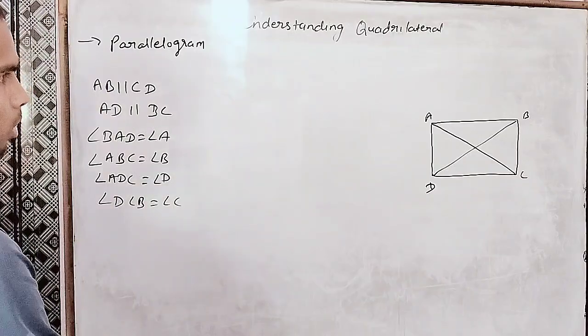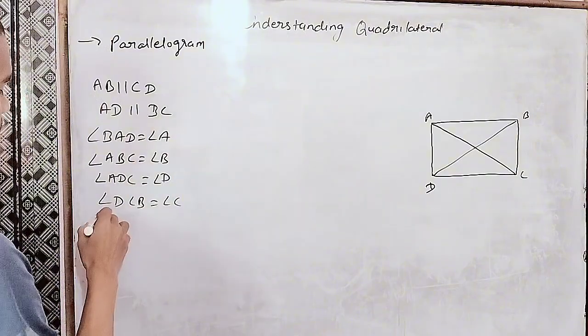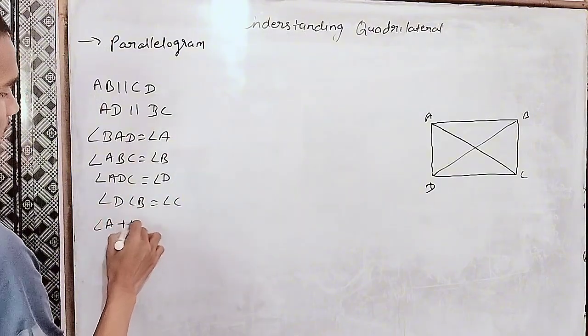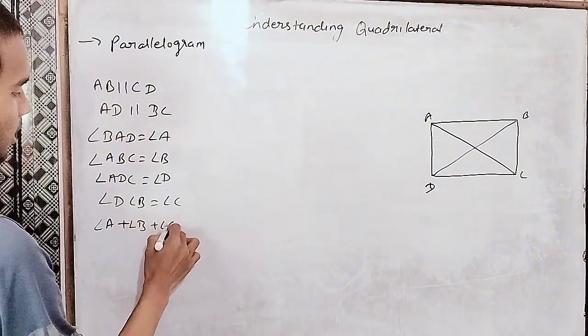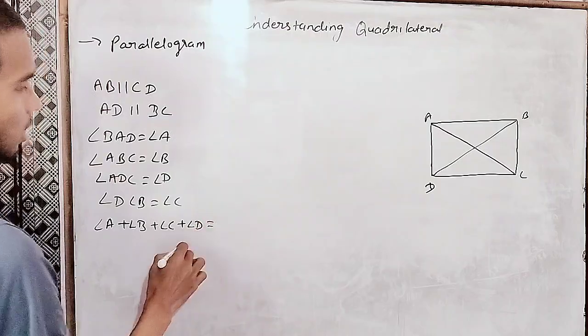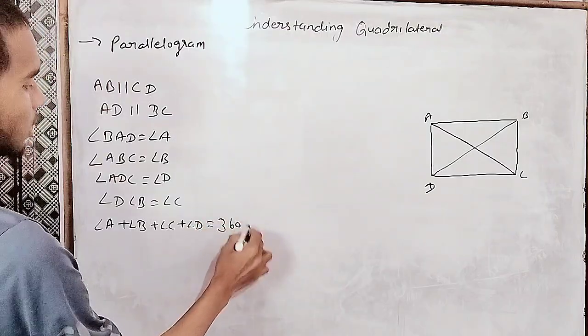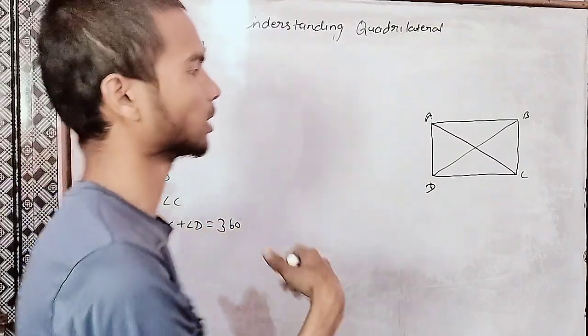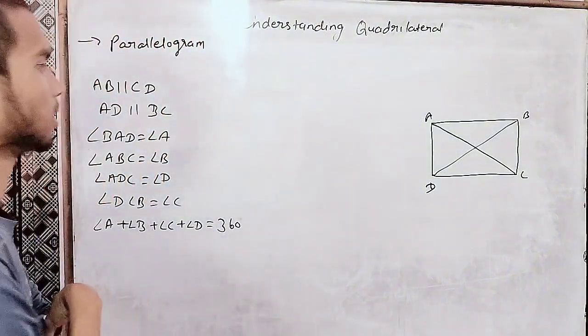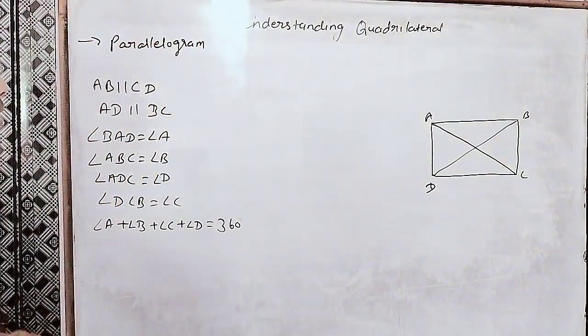Then you would say angle A, angle B, angle C and angle D sum to 360 degrees, whether they are exterior angles or interior angles. It doesn't matter in the case of understanding a quadrilateral parallelogram.